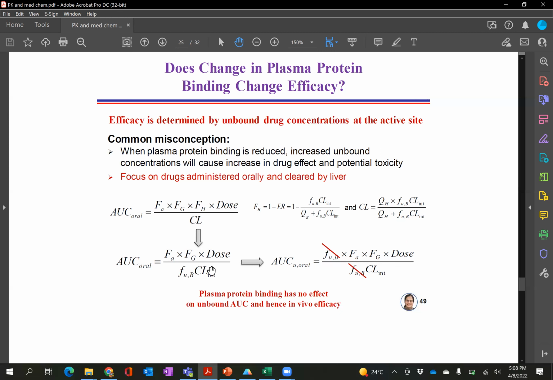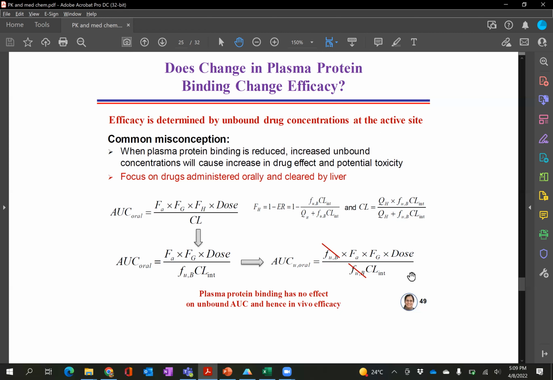No, total AUC is dependent on plasma protein binding. But the unbound AUC, which is the one you care about, cancels out. It only depends on FA times FG and the dose over intrinsic clearance.